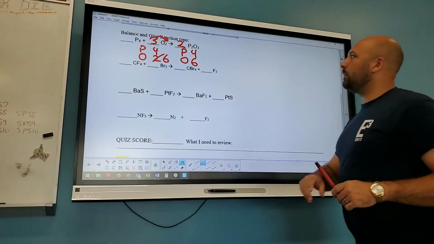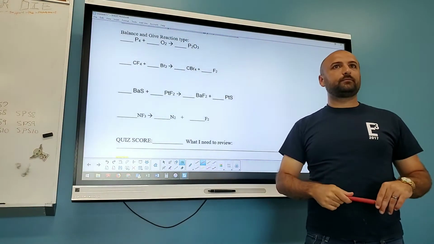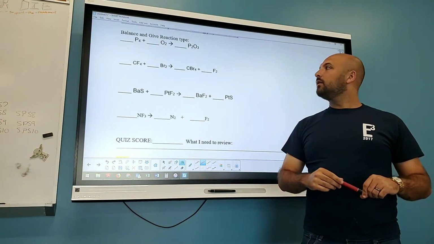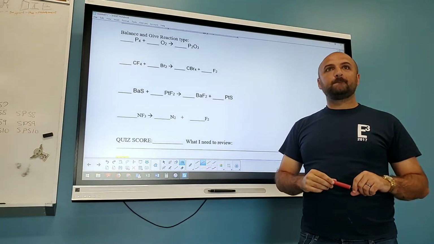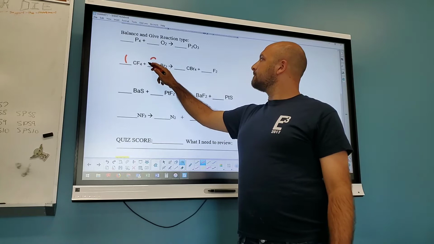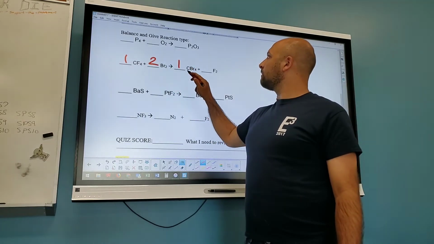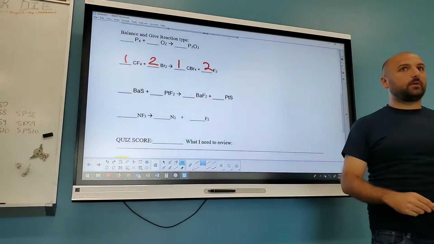What about this next one down here? Do we have coefficients for that? I got 1 CF4 and 2 Br2, and 1 CBr4 and 2 F2. Looks good to me: 1, 2, 1, 2. Is everybody good with that?